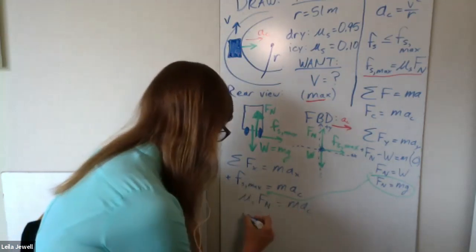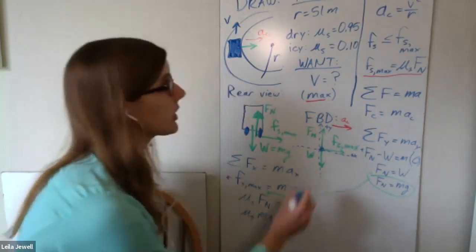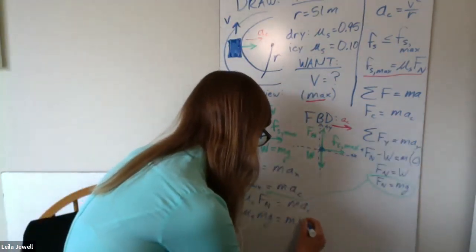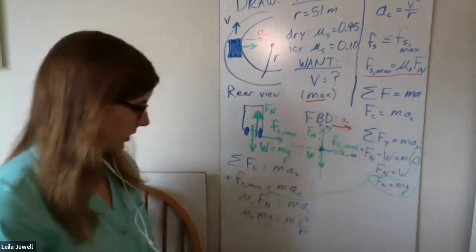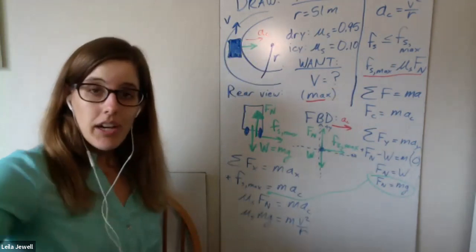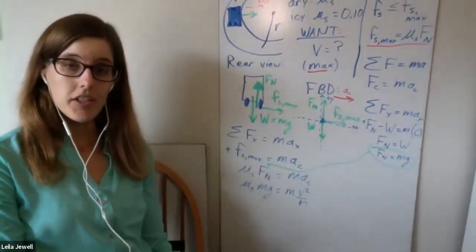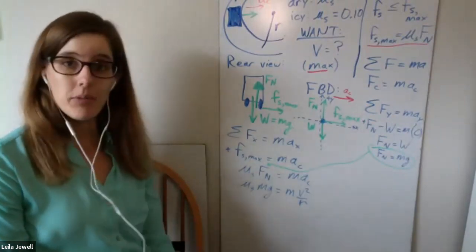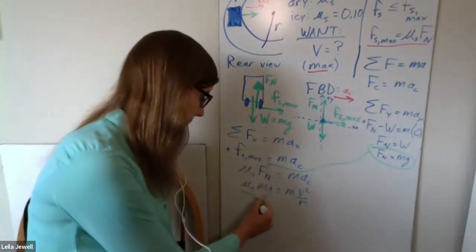So we get mu s times mg, and I'm also going to plug in v squared over r for the centripetal acceleration. So m v squared over r. All right. Now we actually are very comforted in the work that we've done, because even though we don't know what the mass is, notice we have a mass on the left and a mass on the right. That means we can divide by mass and the masses will cancel.